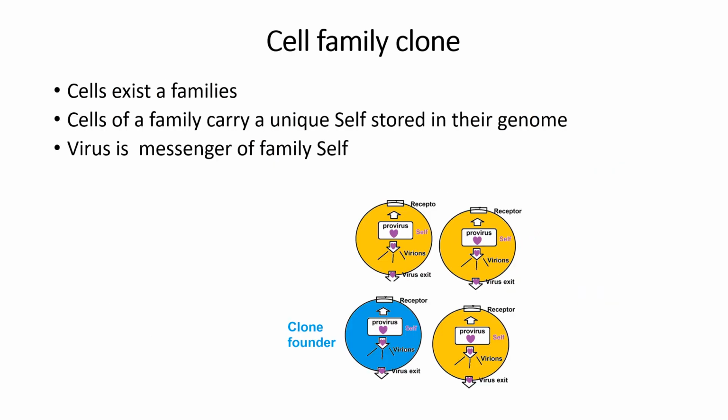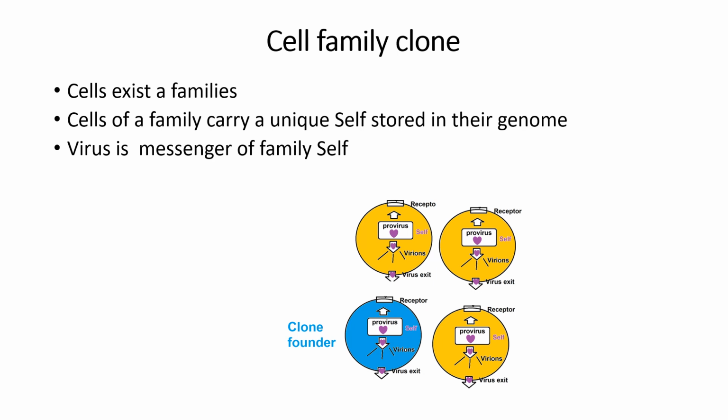So here you have an example. Here you have a cell family, and we are talking about prokaryotes, bacteria, etc. And this family starts from a cell which is a clone founder. And this clone founder creates the family which we are talking about.